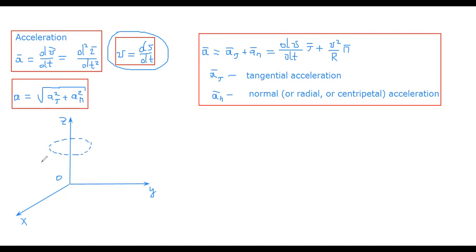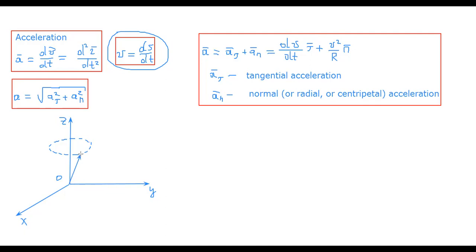They make circles with centers lying on the axis of rotation. And this is the key to understand how to describe rotational motion. Let's see.